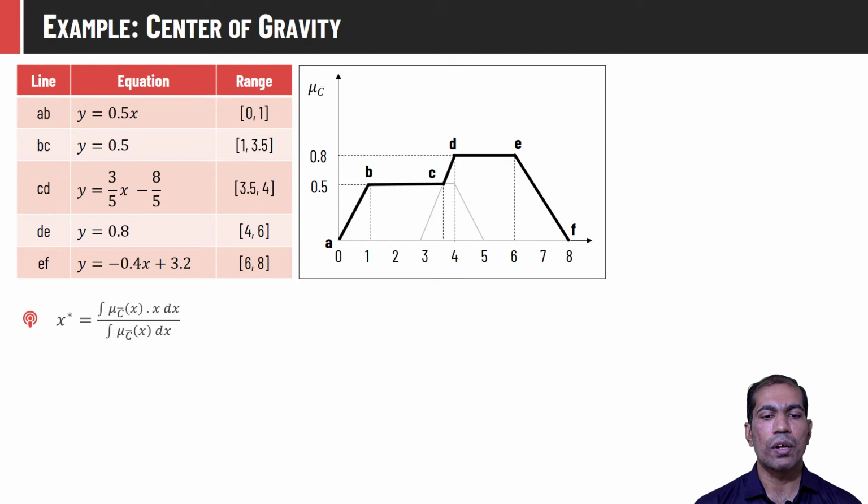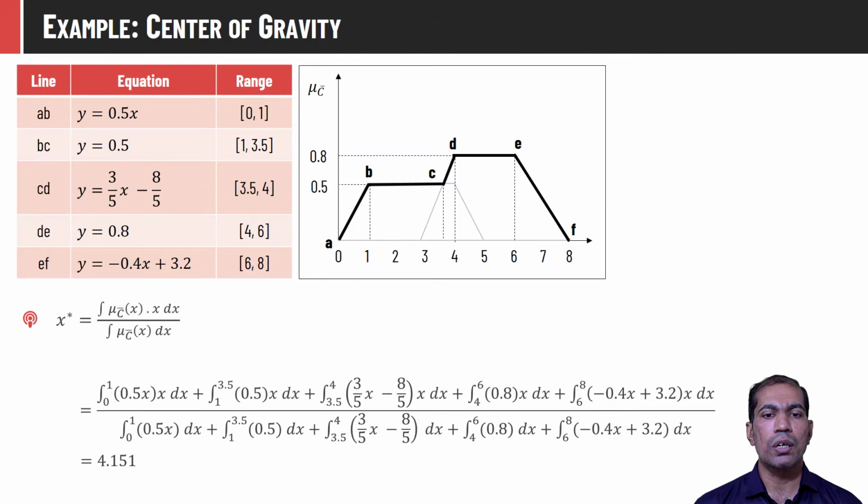So according to the formula, x star is computed as the integration of mu c bar of x times x dx divided by the integration of mu c bar of x dx, where the integration of mu c bar of x dx represents the area, and we already have the equation of the line to compute the area.